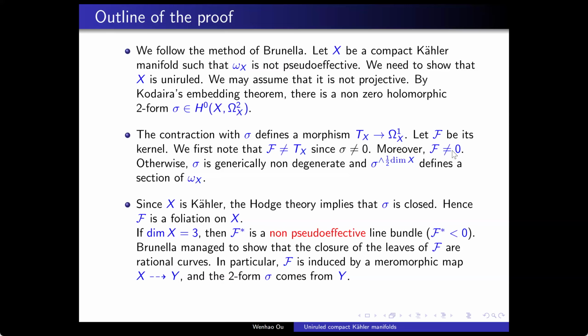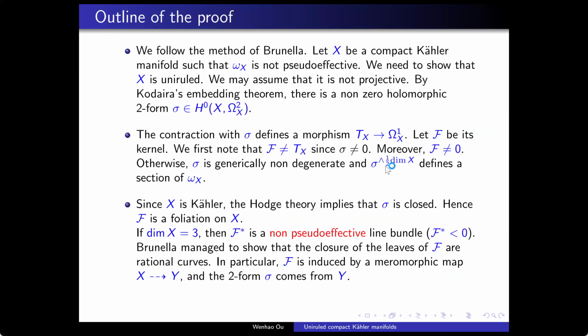Indeed, if F is zero, this means that this two-form is generically non-degenerate, meaning that sigma is generically a symplectic form. If you have a non-degenerate symplectic form, then the underlying dimension must be even.